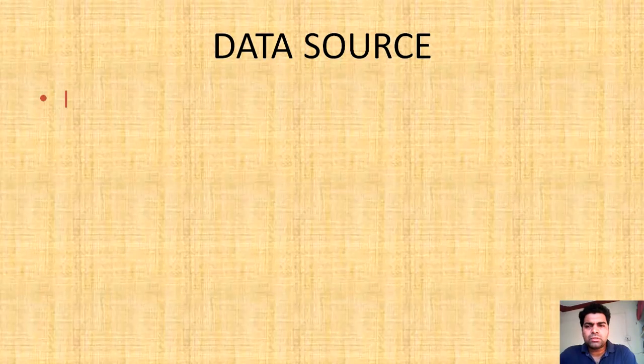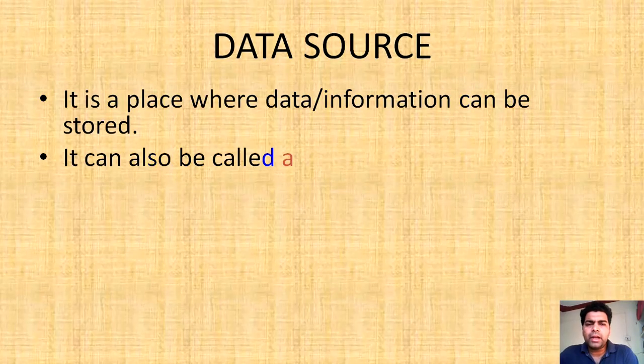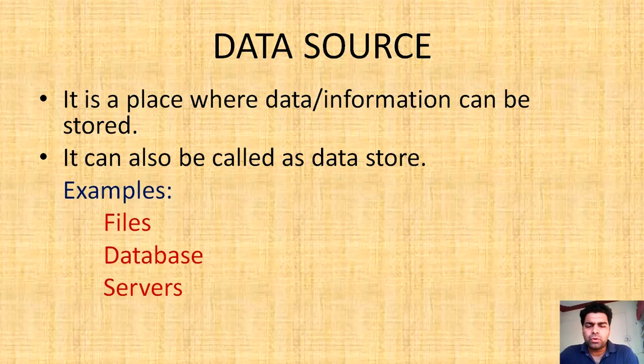Basically, a data source is a place where data and information can be stored, and it is also called a data store. Whatever data or information you have must be stored somewhere, and that place where your data is stored is known as a database or data source.